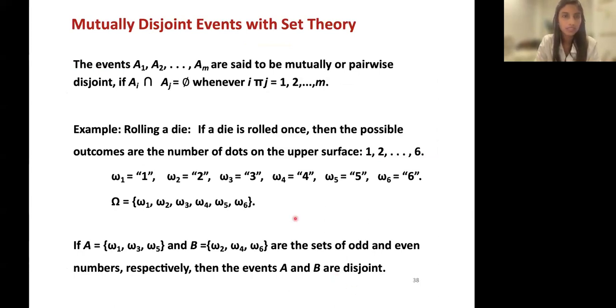So there can be mutually disjoint events. Just as an example, event A is the set of all even numbers on a die, which are 2, 4, 6, and odd numbers are 1, 3, and 5. So these are mutually exclusive. There's nothing common between these two.